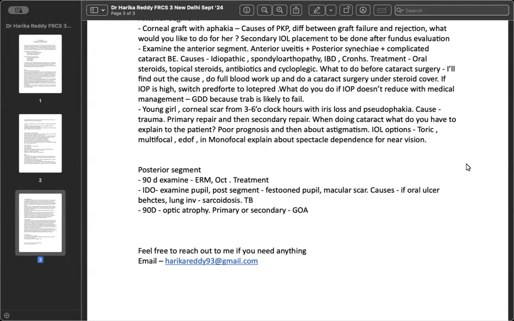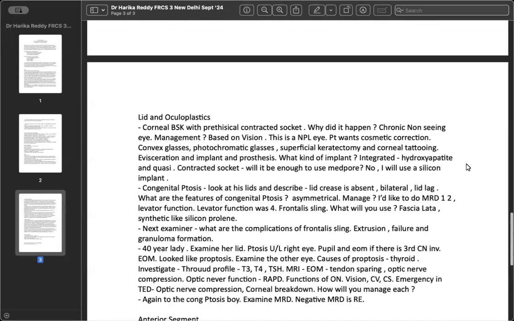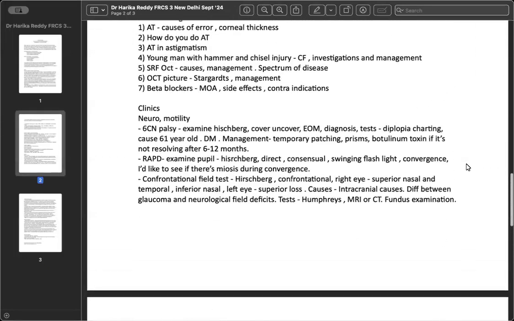Dr. Harika, thank you for your very valuable presentation. It is really informative. I have one question though. Sure. When we discuss pupil examination, it's always said that if the room is dim, you ask the examiners to switch on the lights because you are supposed to examine the pupils first in ambient light.